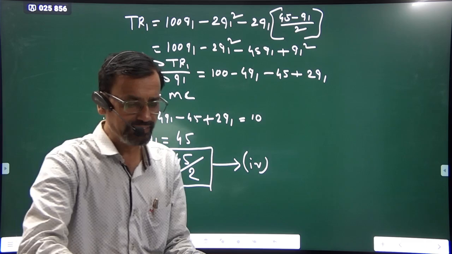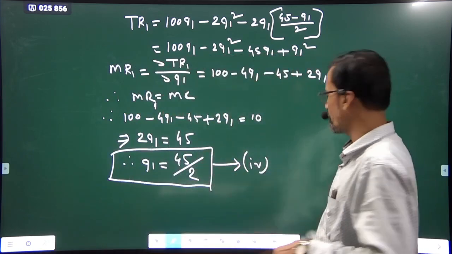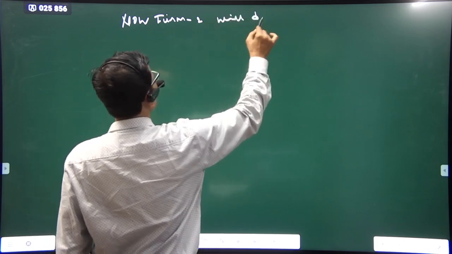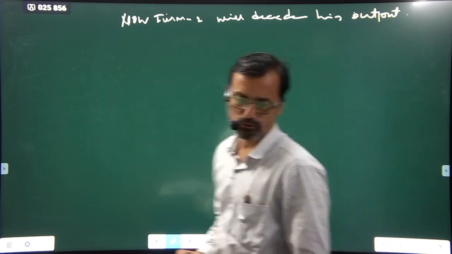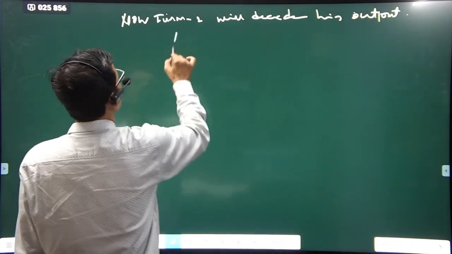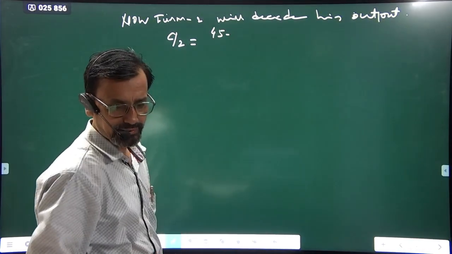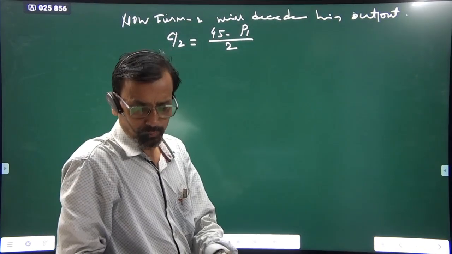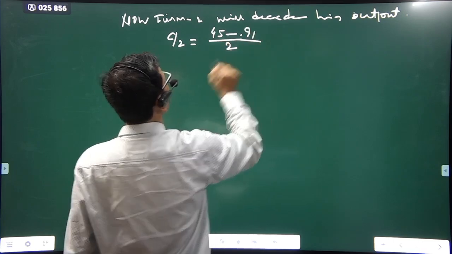Now firm 2 will decide its output by using firm 1's decision. We already found Q2 is equal to 45 minus Q1 by 2.